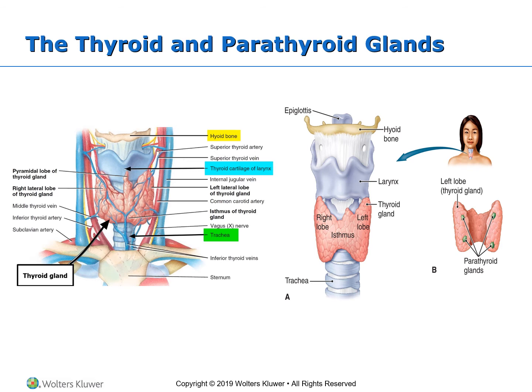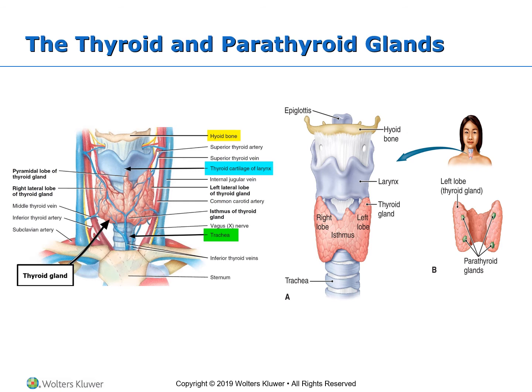You can see the tight relationship that the thyroid gland has with main structures at the level of the neck. It covers anteriorly the trachea, is just under the larynx, and on the thyroid sides, we have the main neck vessels.